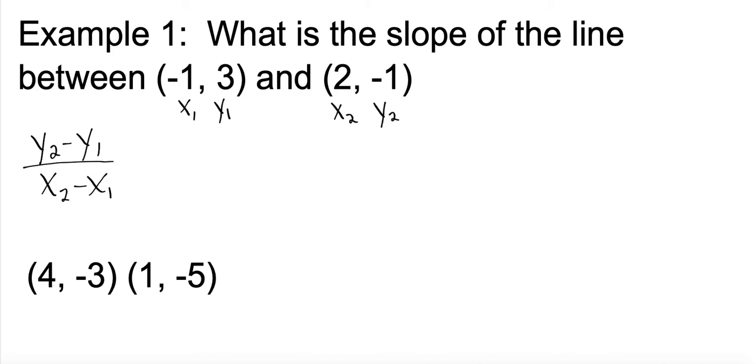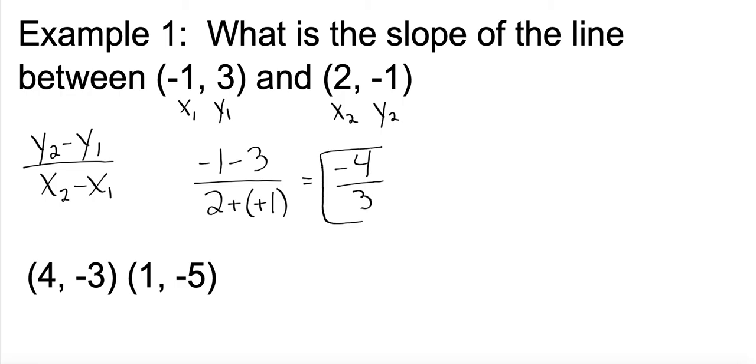We subtract the y's: -1 minus 3, over subtract the x's: 2 minus a -1. Here you have to be careful. You're subtracting a negative, so those turn positive, and we get -4 over 3. This is what you want to leave it as. Do not change it to 1 1/3. Don't change it to 1.3. Leave it as -4/3.